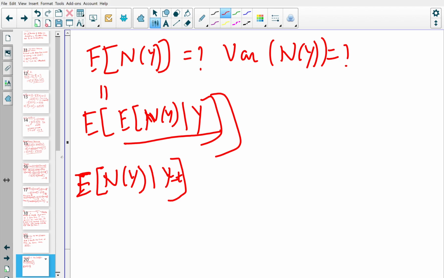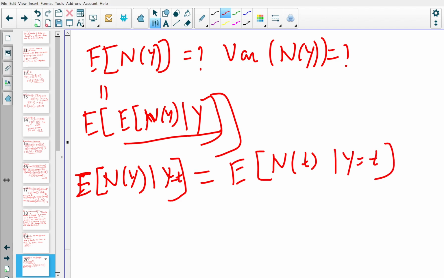What does that mean? That is nothing but expectation of N(t), given Y equal to t. And that means this is nothing but the expectation of N(t), because Y and N(t) are independent.